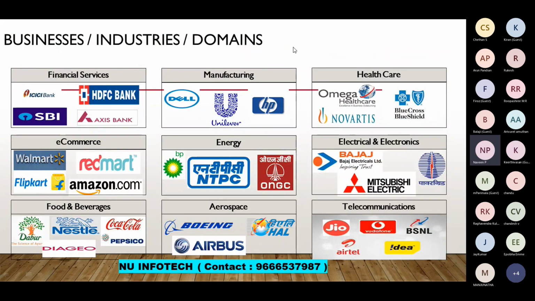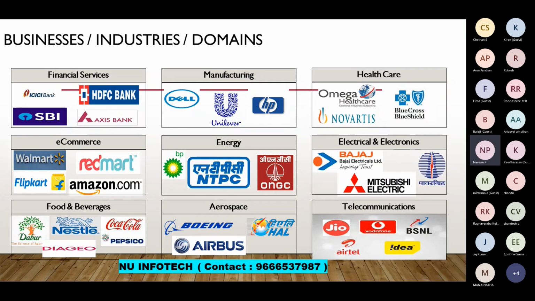I have listed these companies just to give you some idea. There might be organizations like financial organizations, manufacturing organizations, healthcare ones, e-commerce, energy, electrical or electronics, food or beverages, aerospace, telecommunications.